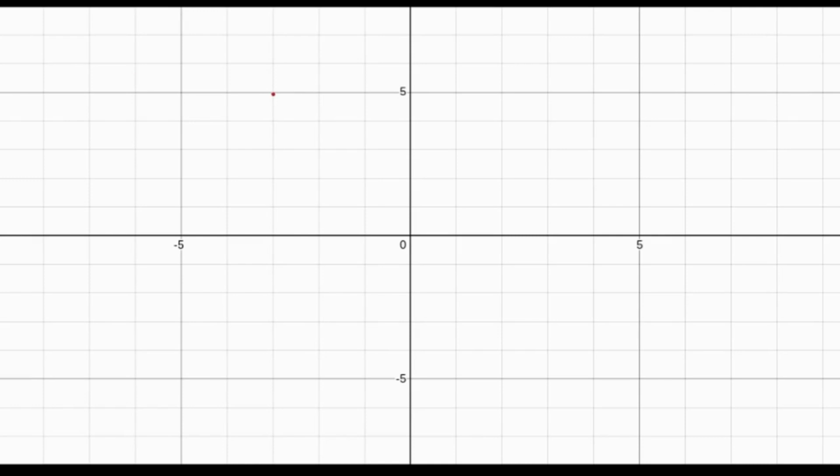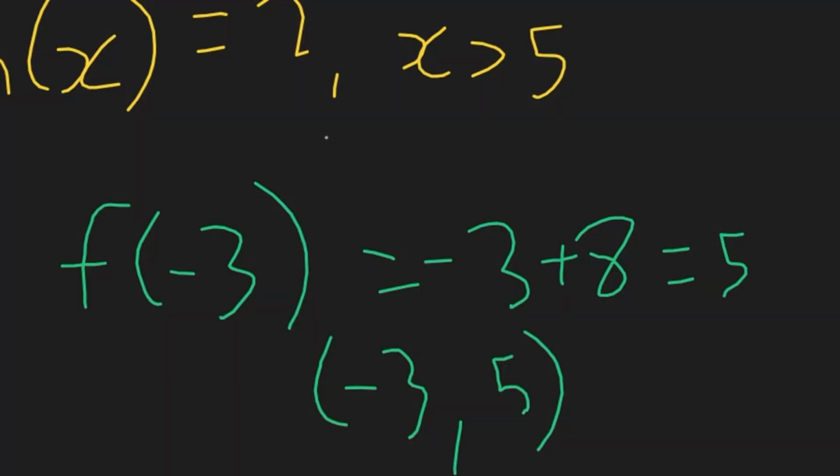And from there, we can just make a linear line. It's not a perfect line, but hopefully you get the gist.